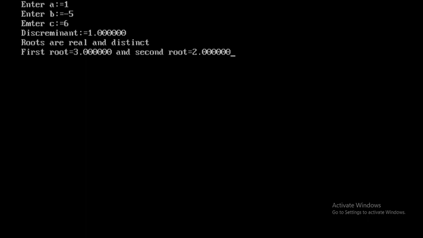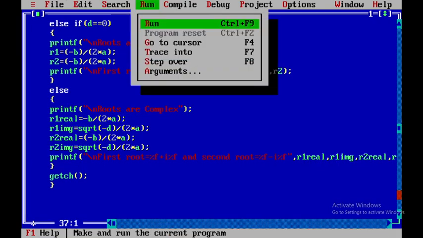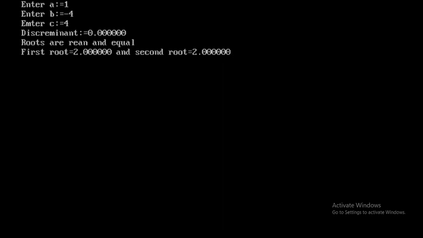Now if you run here, first we are going to enter the real and distinct roots. So 1, minus 5 and 6. Here roots are 3 and 2, correct. Now roots are real and equal. So for that 1, minus 4 and 4. So roots are 2 and 2, real and equal.